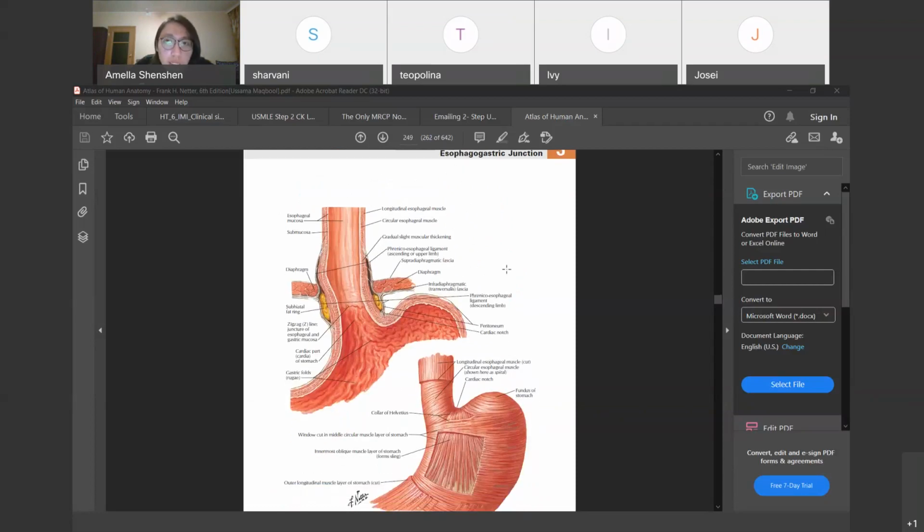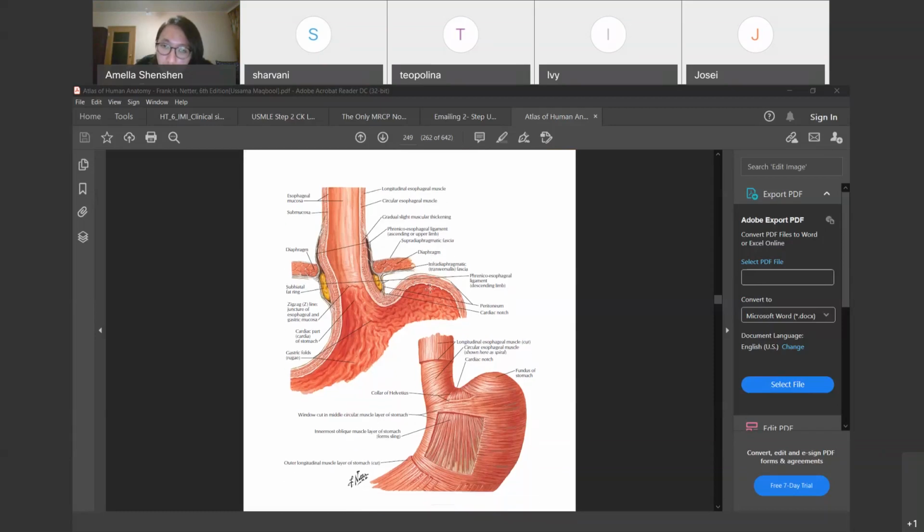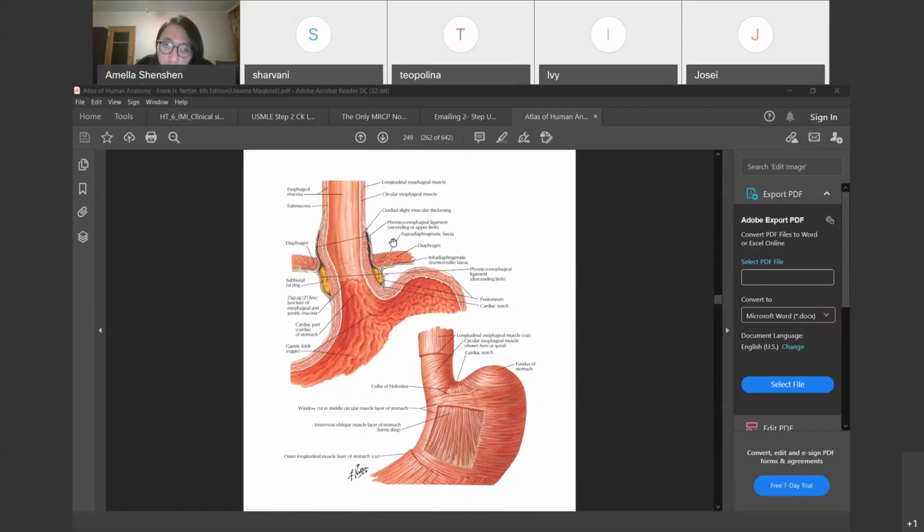This is the esophagogastric junction. This right here is your diaphragmatic constriction, or your lower esophageal constriction, and this is where a lot of problems happen. Problems with GERD, problems with achalasia and all that. We'll talk about this a little bit later on. Problems here can lead to a lot of complications.